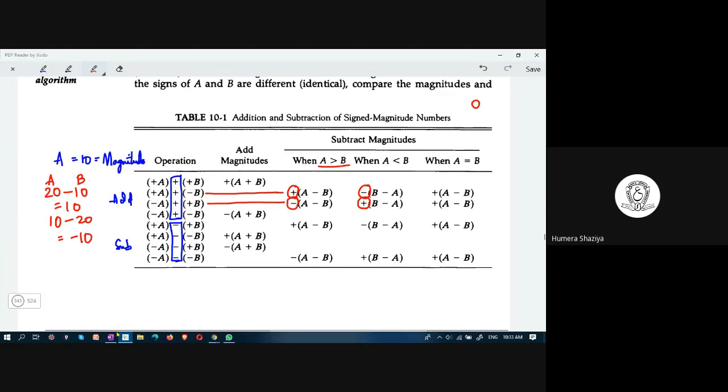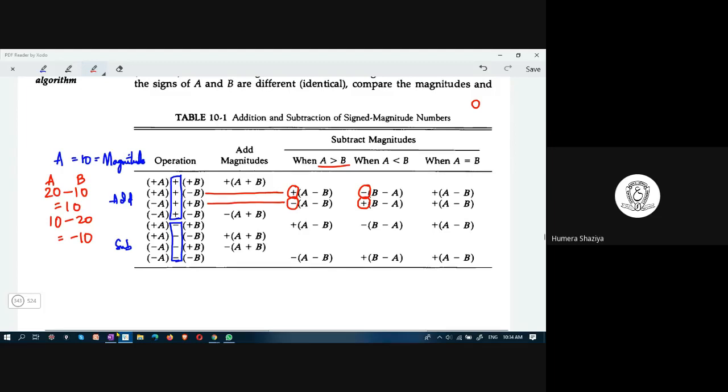When we talk about a subtraction operation, when there are dissimilar signs for both the magnitudes, when there are different signs for both the magnitudes, then plus operation is performed. Look here, A is plus, operation is minus, and B is minus. So plus minus minus.